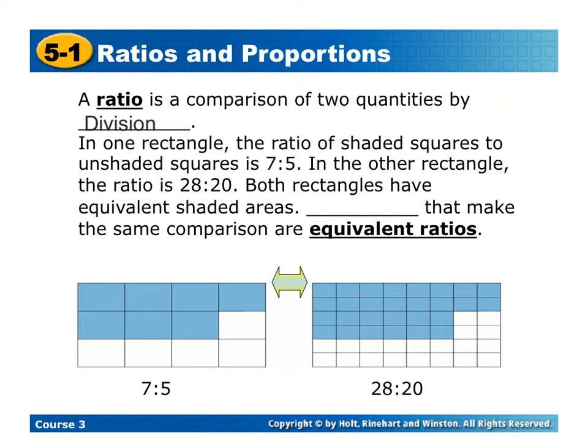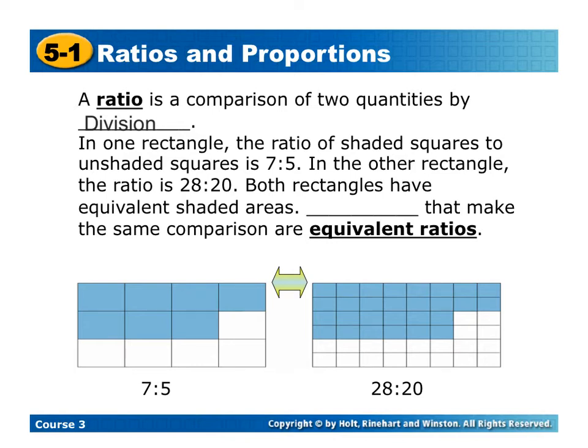In one rectangle, the ratio of shaded squares to unshaded squares is 7 to 5. That would be this one right here, because we see 7 shaded squares to 5 unshaded squares. In the other rectangle, the ratio is 28 to 20, shaded squares to unshaded squares. However, both rectangles have equivalent shaded areas.